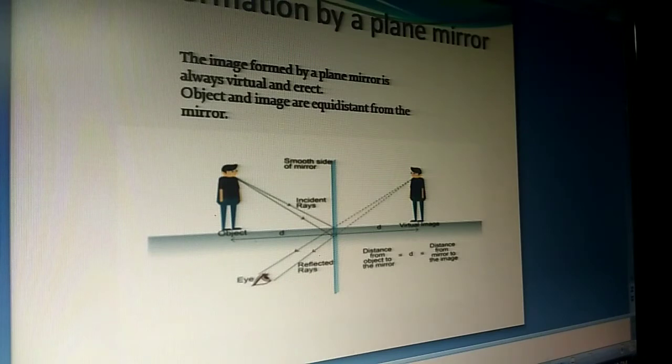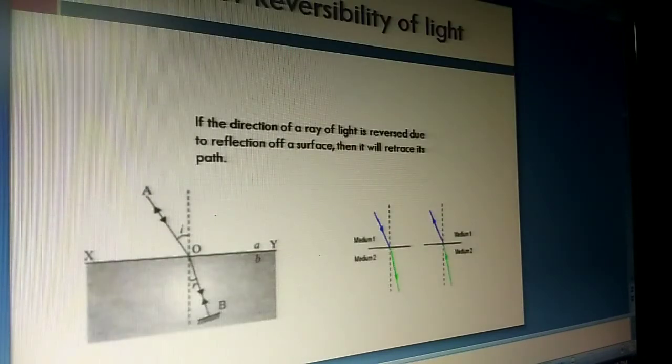Now the next is the principle of reversibility. If the direction of the ray of light is reversed after reflection from a surface, then it retraces its path. This retracing, that means in the same path it comes back, is called reversibility of light.